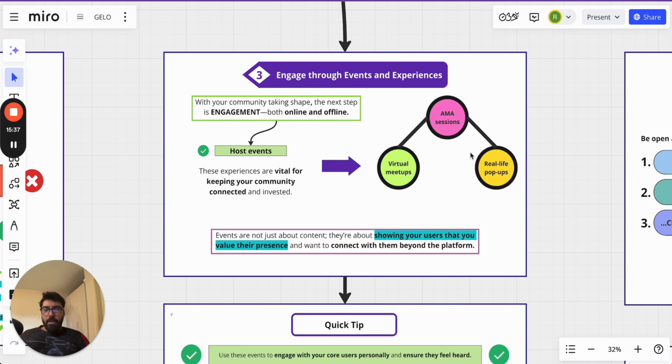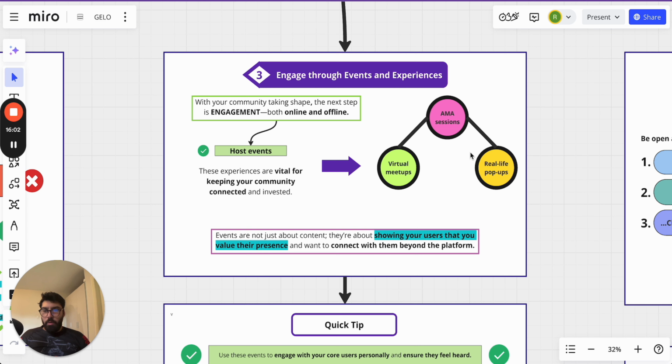Now, events are a great way to bring people together. As I mentioned, many to many relationships are the end goal here, and that way the community can run without you having to put your hands in too much. But we need to make sure that these events are tailored to the audience that we're trying to attract, and are appealing experiences for those people.